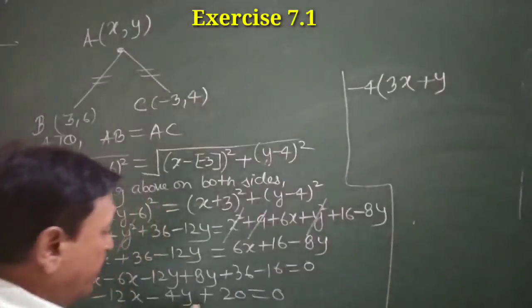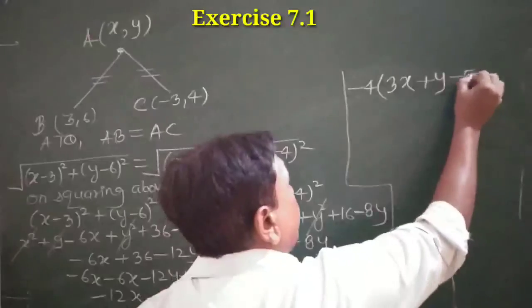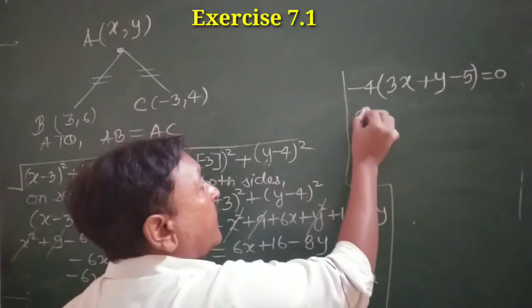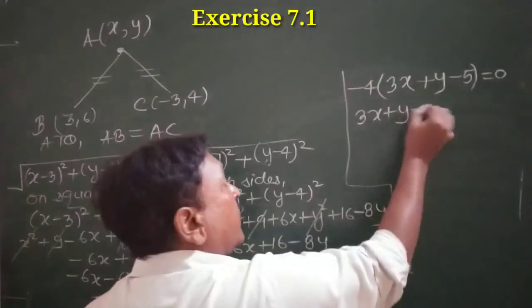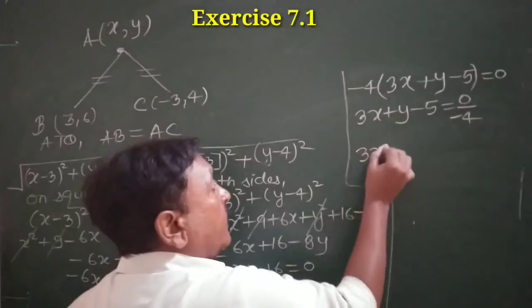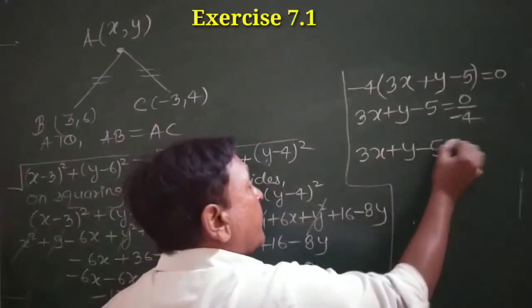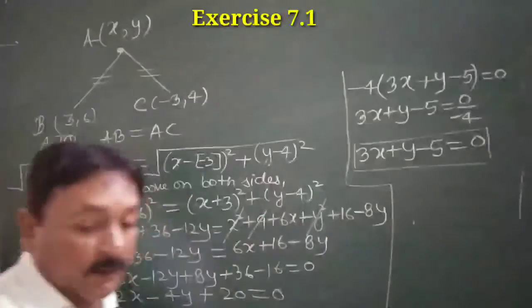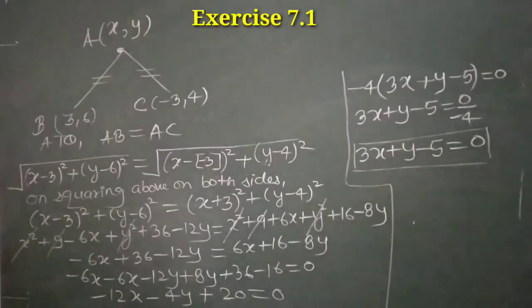Only y is left. It will become negative. 4 fives are 20 equals 0. Send minus 4 to the right hand side. 3x plus y minus 5 equals 0 upon minus 4, or we can say 3x plus y minus 5 is equal to 0, which is our needed relation, or we can say equation, okay?